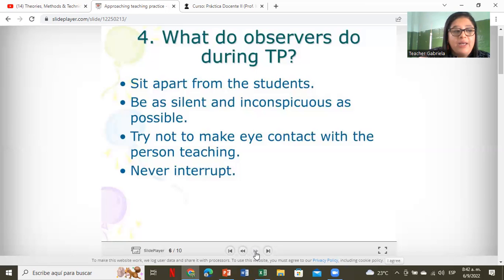But I don't know in which case this applies. No, it's different. Try not to make eye contact is like when you are going to correct your students, it is uncomfortable directly.